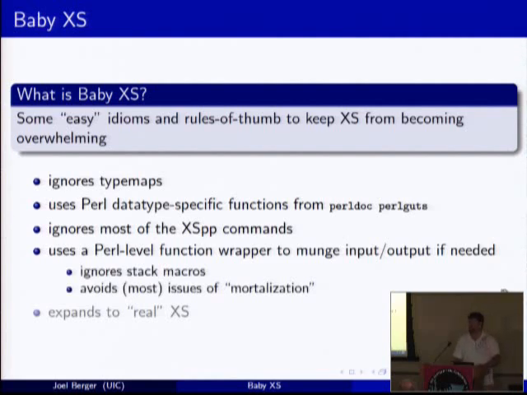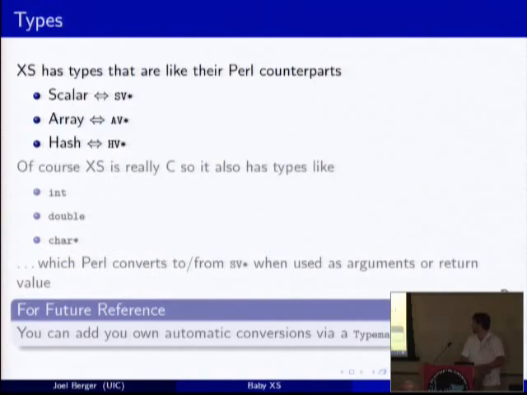Doing this lets us avoid things like stack macros, and you want to ignore those for now. And most of the issues of a thing called mortalization, which is really confusing. We don't get to quite miss all of it. We have one case where you still have to talk about it. But all this is real XS. It's maybe not the best XS, but it'll work. And if you want to improve it later, it'll just expand naturally.